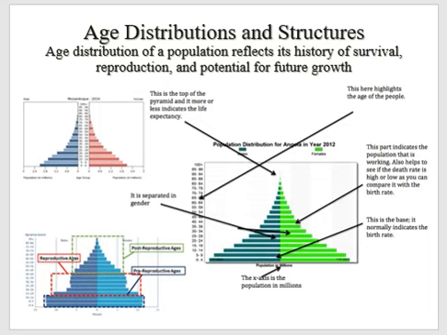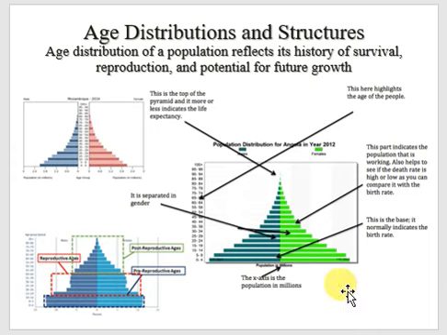But the diagrams in general serve to visualize or explain the age structure of a population by illustrating the distribution of different age groups within the population across gender. So we're looking at several different images of different age structures.